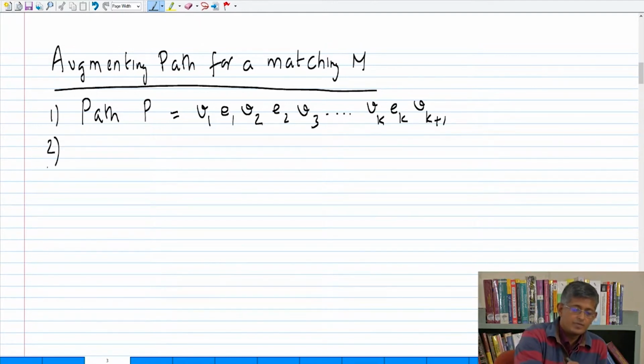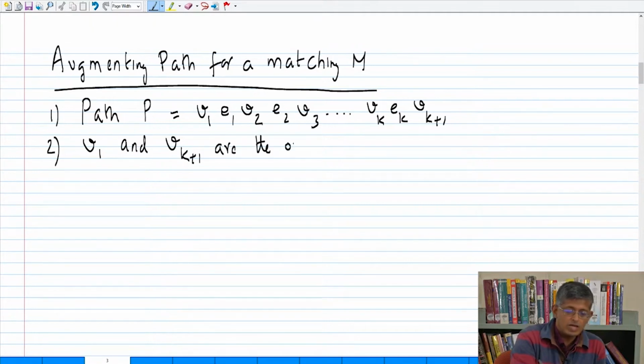Second, V1 and Vk plus 1 are the only unmatched vertices.